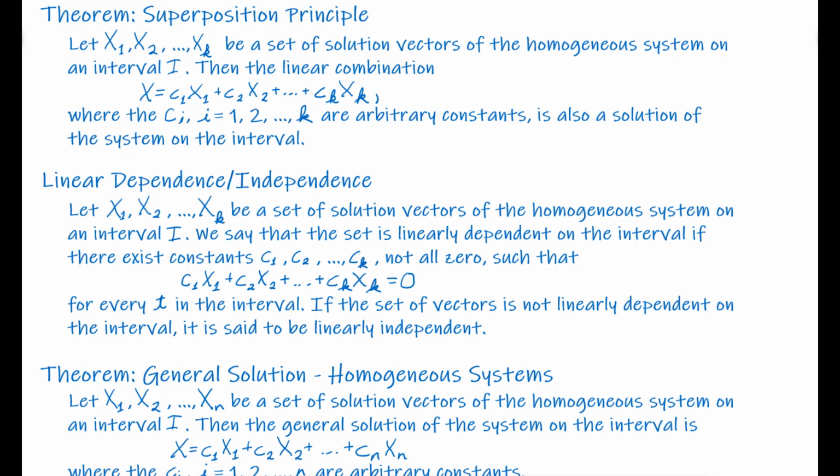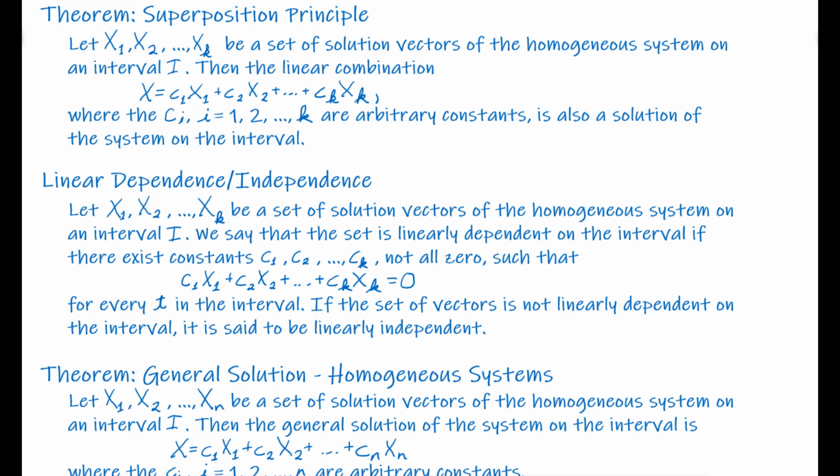So you'll have the entries in solution vector X1 as your first column, the entries in solution vector X2 as your second column, and so on. And that will be the matrix that you're going to take the determinant of, taking your Wronskian to determine if the set of solution vectors is in fact linearly dependent or independent.